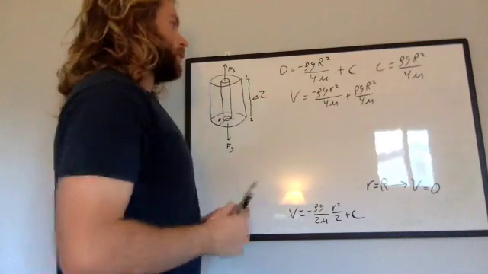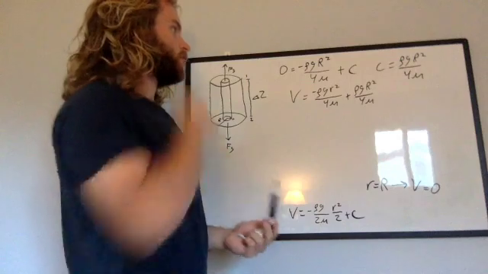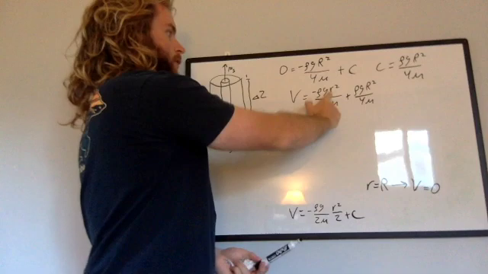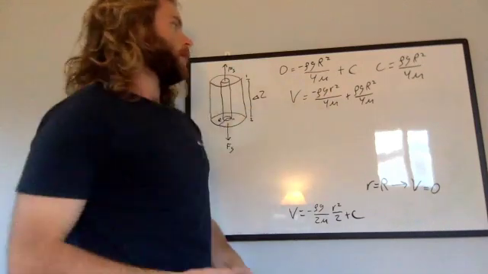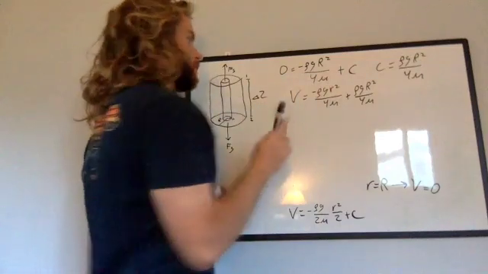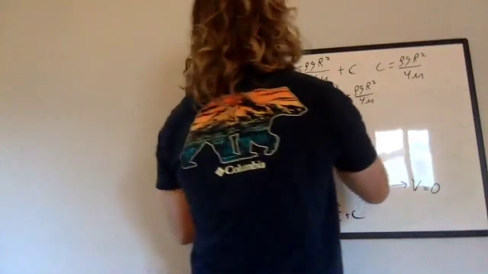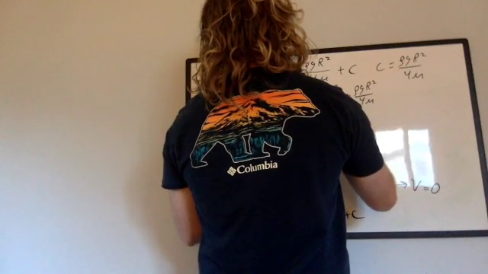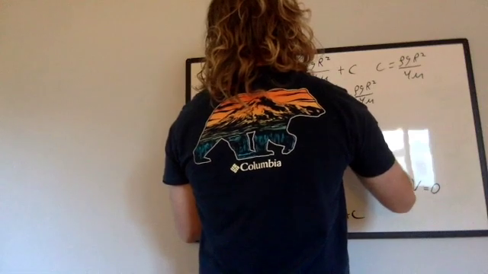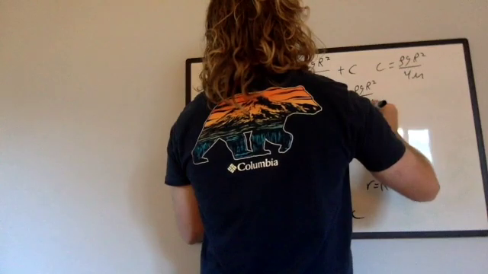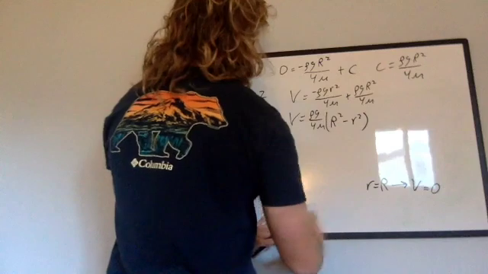And the next thing we can see that is pretty obvious is we can go ahead and factor out our density times acceleration due to gravity over 4 mu. And that is going to leave us with an R squared minus little r squared in parentheses. So we'll go ahead and factor that expression out. That's going to be big R squared minus little r squared. There we go. Go ahead and erase down here.